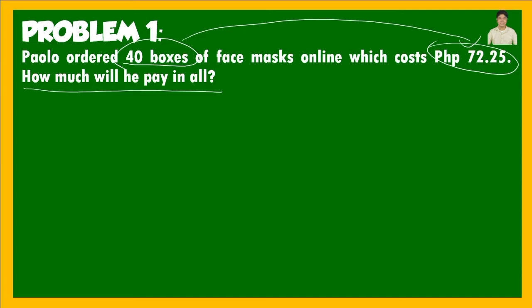And then, ano naman ang ating plan? So, para makuha yung number sentence natin, ganito lang po. 40 times 72 pesos and 25 centavos equals N. So, i-multiply lang natin yung 40 boxes dun sa presyo ng kada box para makuha natin kung magkano lahat ang babayaran ni Paulo.